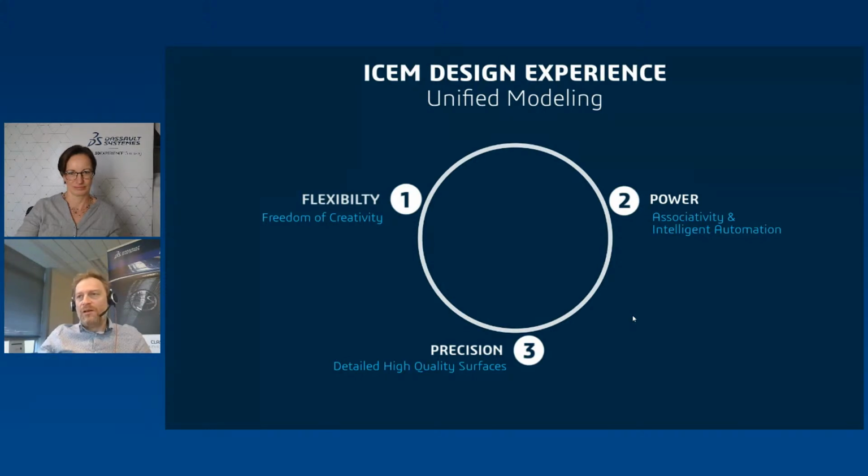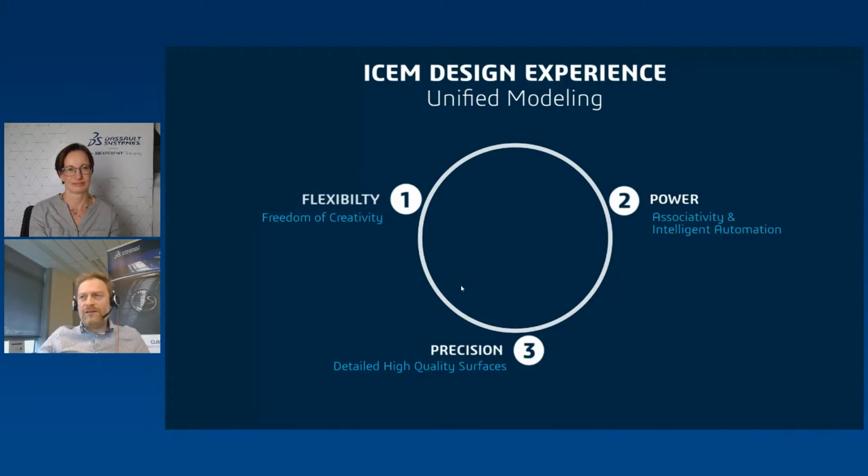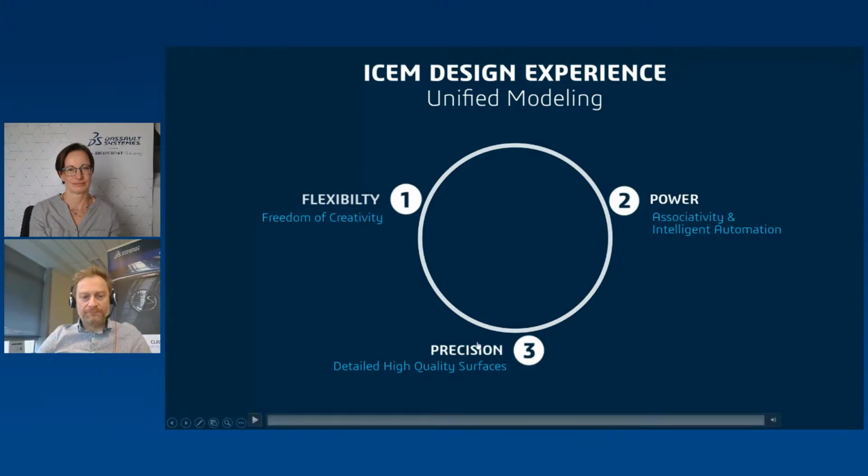We can choose the soft parametric level update we want to be. And of course, last but not the least, we ensure the detail and high quality surfaces at a class A level, and this is what we call the precision. Okay, so these are the three pillars of the unified modeling aspect. So let's move to a video on the interior door panel showing the values in action.